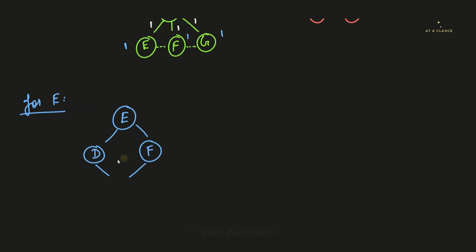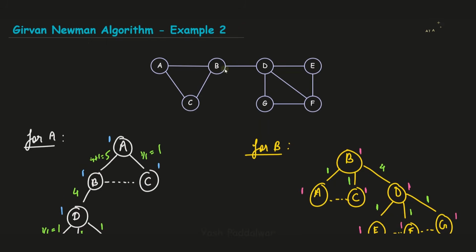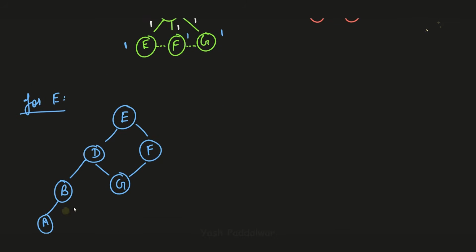There is a common child between D and F, which is G. And there is also one more child of D, that is B. Over here, you can see that B again has the children A and C. A and C are at the same level and they are connected to each other. So this is what the graph looks like.